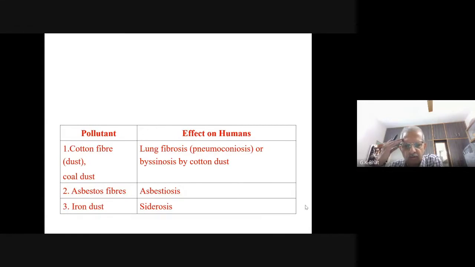And always those people who make this bed or who deal with the coal and all, they should be extraordinarily careful to see that they are not inhaling any of these particles. Asbestos fibers cause asbestosis and iron dust causes siderosis.